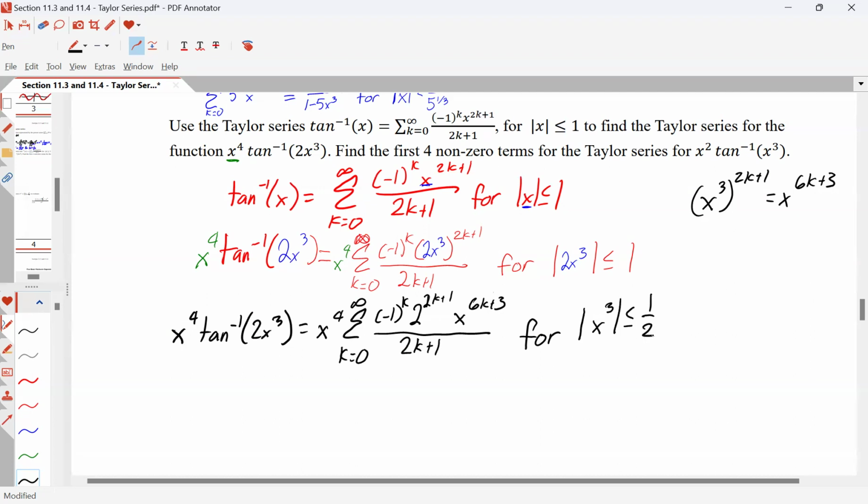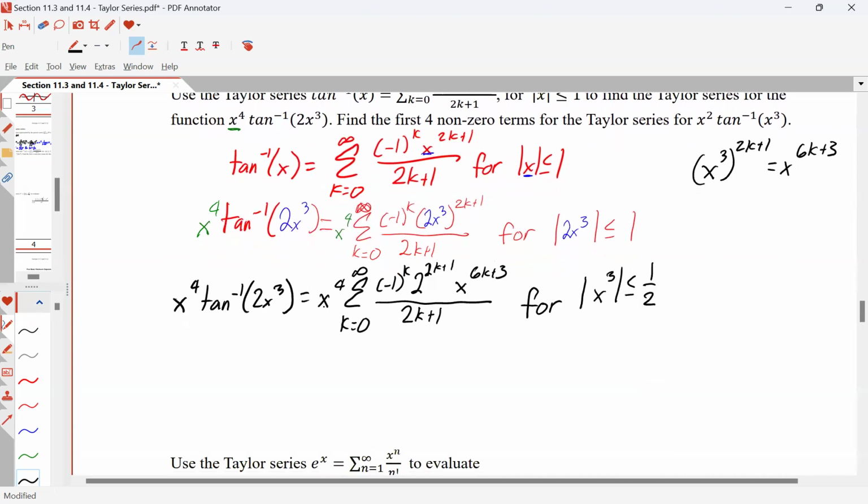And then one more simplification, and that's going to be multiplying this x to the fourth in. From our properties of power series videos, we know we can just multiply a power in by adding the exponents. Since a Taylor series is a power series, we can use the same rule.